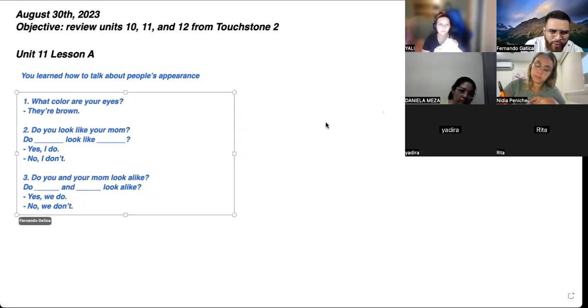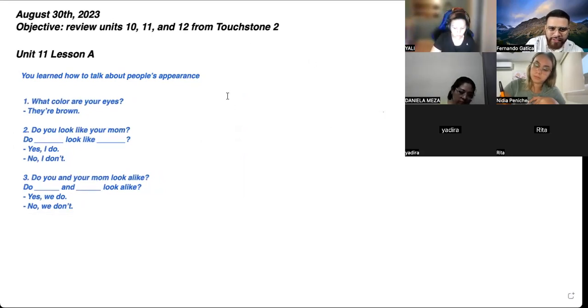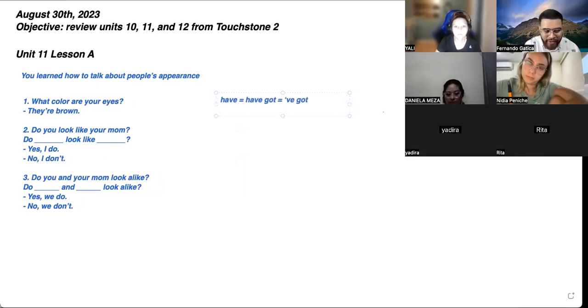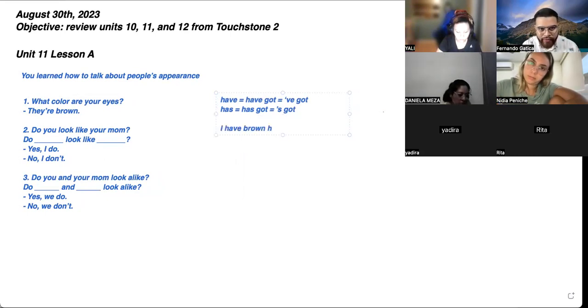There was also one weird thing that we practiced here, and it was, have is the same thing as have got or got. Has is the same as has got or apostrophe got. Let me explain. If I say I have brown hair, it's the same thing as saying I have got brown hair.